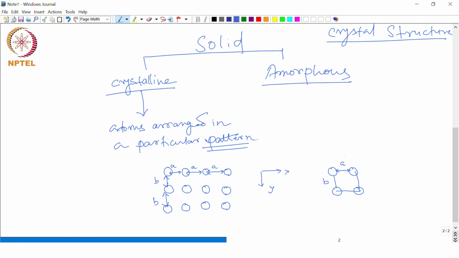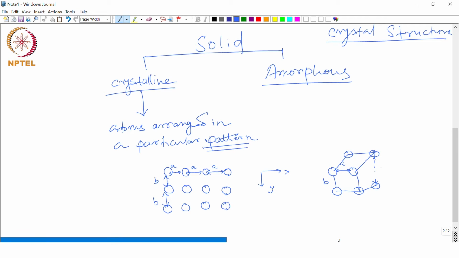Now, if I add the z direction also, then in that direction also it is going to repeat with a particular distance between 2 adjacent atoms.